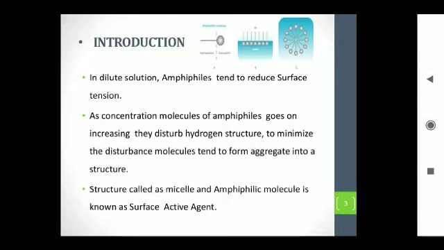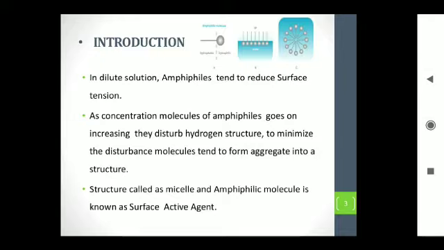After this point, any further addition of surfactant increases the number of molecules at the interface, but the concentration of micelles and associated molecules increases in direct proportion to the increase in overall surfactant concentration.